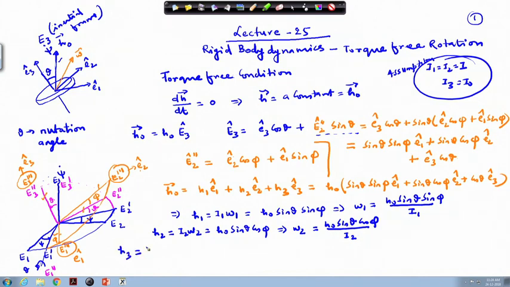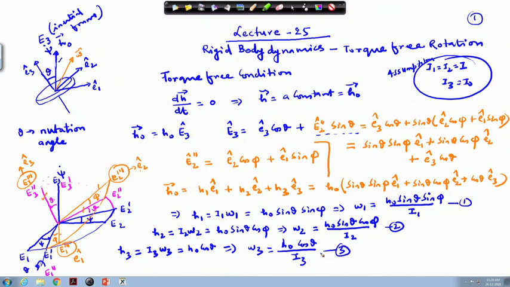And H 3 in the same way is I 3 times omega 3, equal to H 0 cos theta, and this implies omega 3 equal to H 0 cos theta divided by I 3. So, these are the equations we are having, 2 and 3.